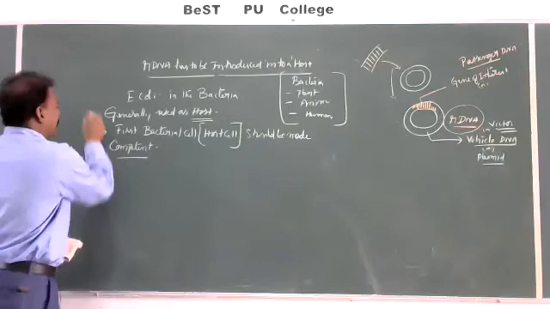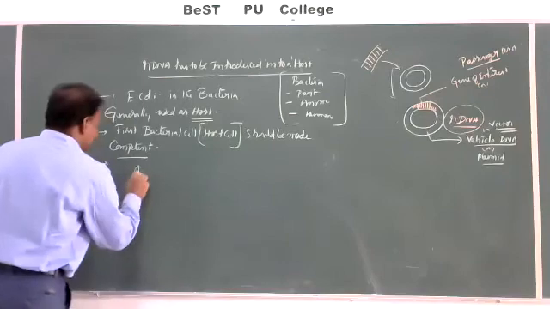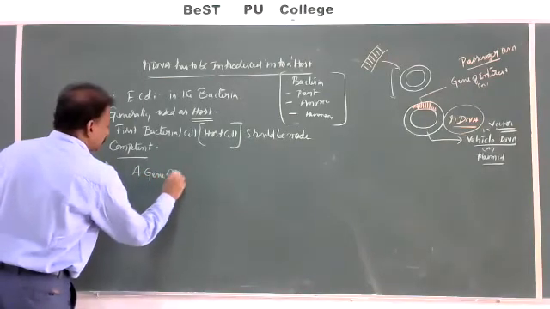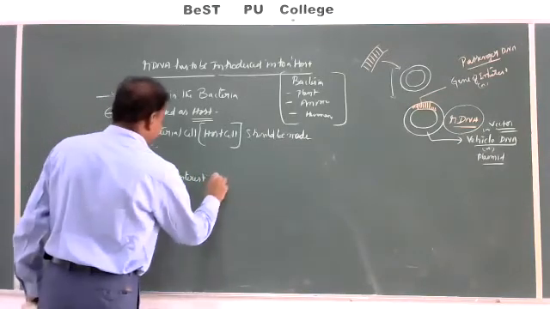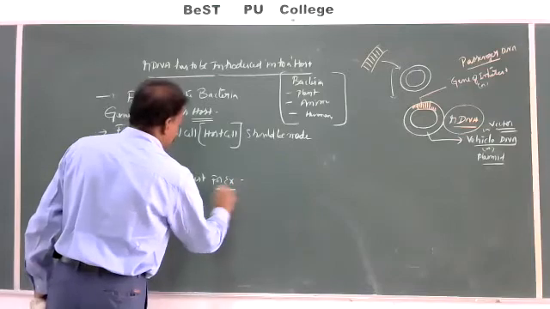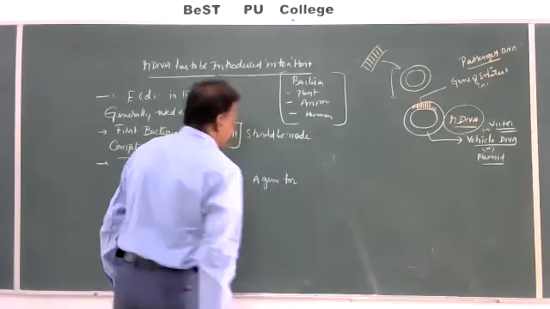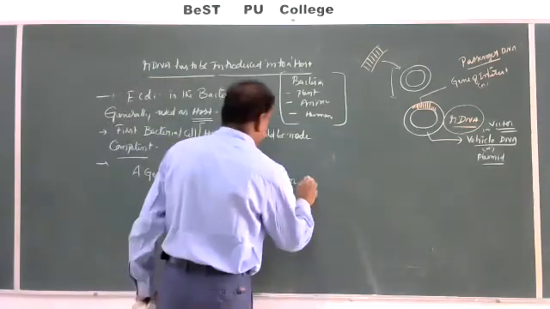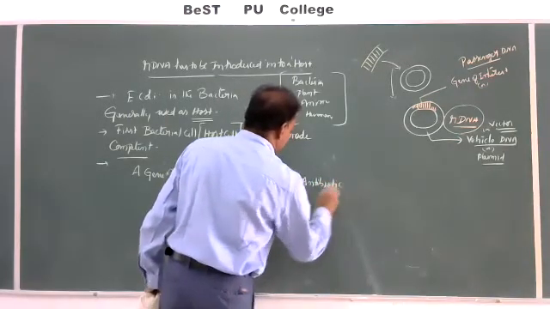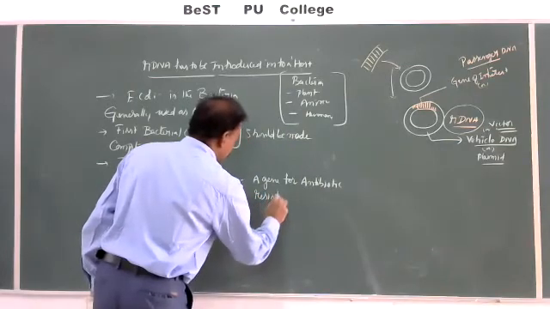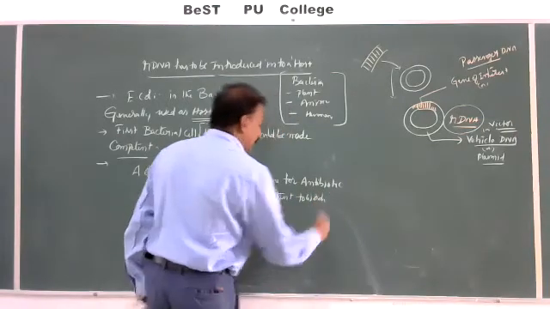Once it is made competent, then a gene of interest, for example, a gene for antibiotic resistance towards the antibiotic ampicillin.